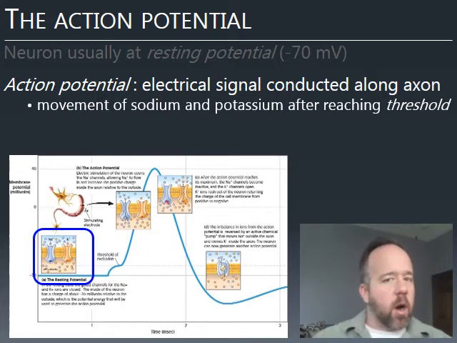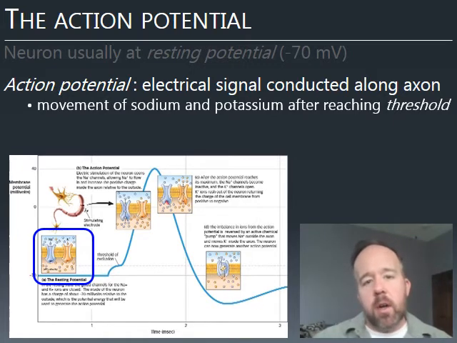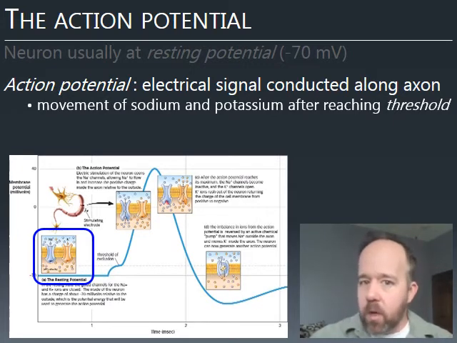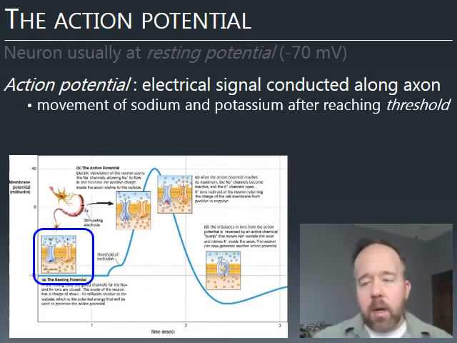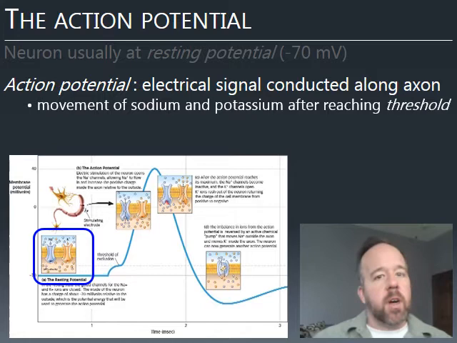So it's sort of an all or nothing. Action potentials are all or none. They are not a graded response. They either happen or they don't. And they happen or not depending on what's going on in the cell body. So it's sort of a democratic system. All the dendrites are sending information. The cell body adds it all together and either votes yes for an action potential or no for not a signal.